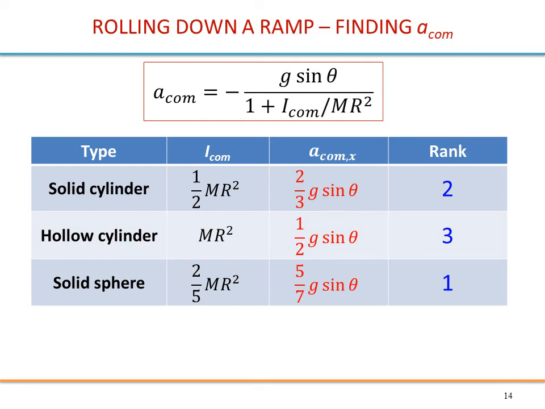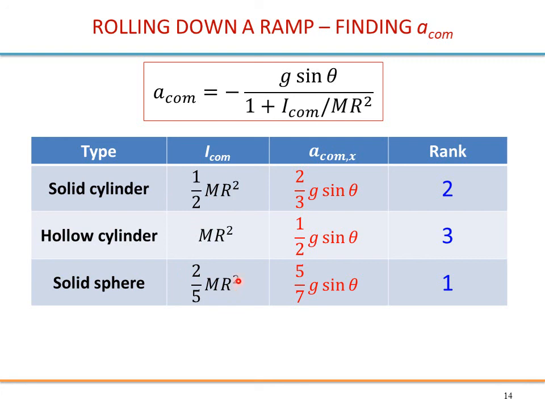So if you do a kind of race, if you take a solid sphere, a hollow cylinder, and a solid cylinder, and you put them at the top of a ramp and you let them go, they do not arrive at the same time at the bottom of your ramp. The sphere will arrive first, then the solid cylinder, and then the hollow cylinder, and this is because of the inertia.